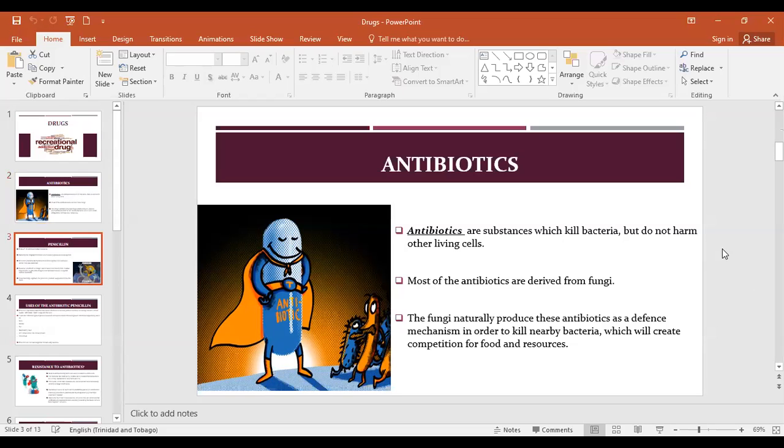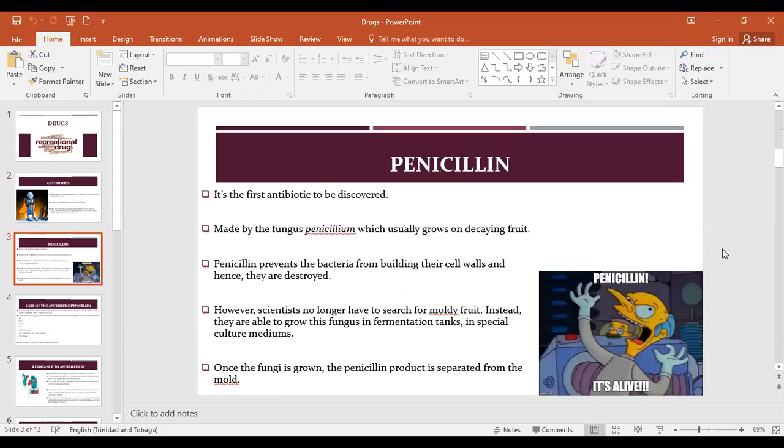Now, one particular antibiotic that we use quite often is penicillin. We all know about penicillin. Some are even allergic to it, so persons like that have to be very careful when taking any type of medication and make sure it doesn't have any penicillin in it. You can recognize penicillin by the ending.